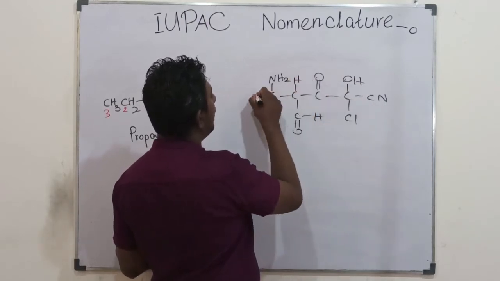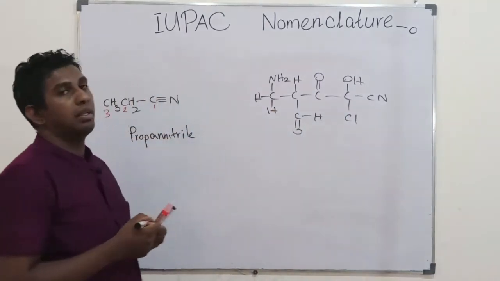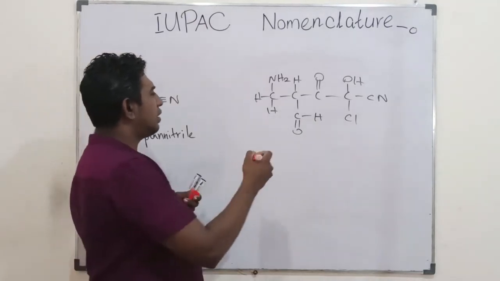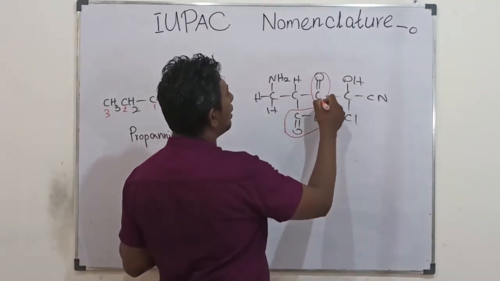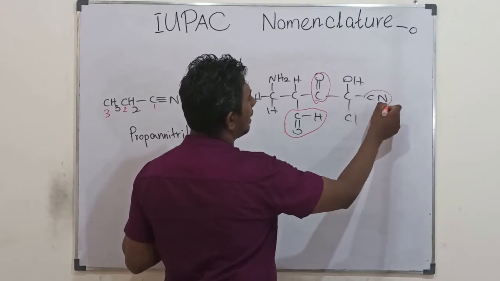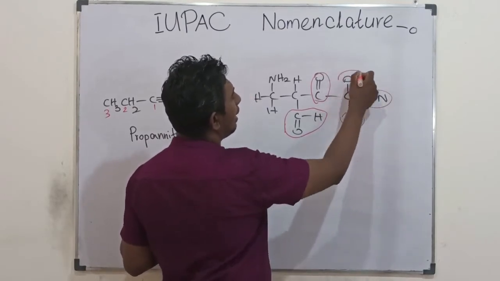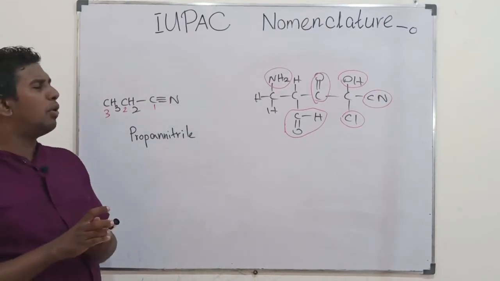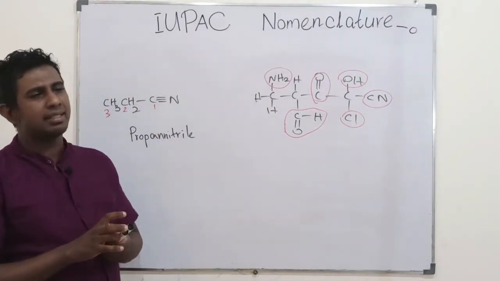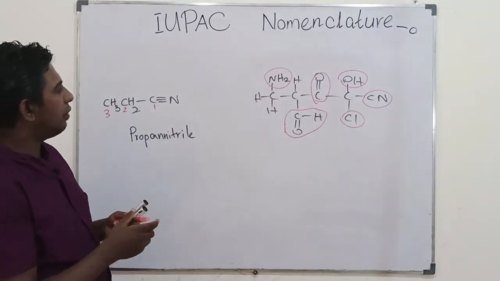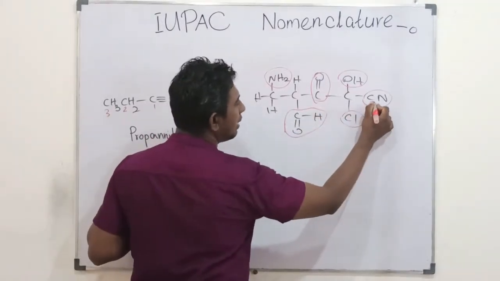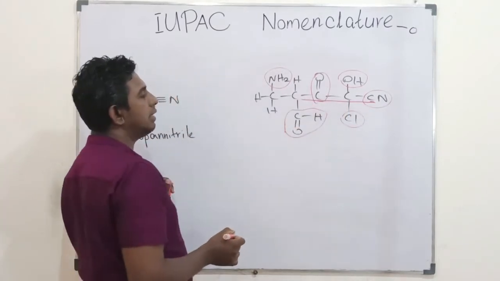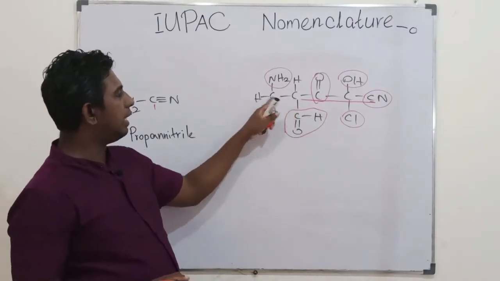I have considered many functional groups within the same molecule. So you have aldehyde, ketone, cyanide, alkyl halide, alcohol, amine. Many functional groups. Out of those, alkyl cyanides are prominent. So then you need to take this to the main chain. You could go either there or there.